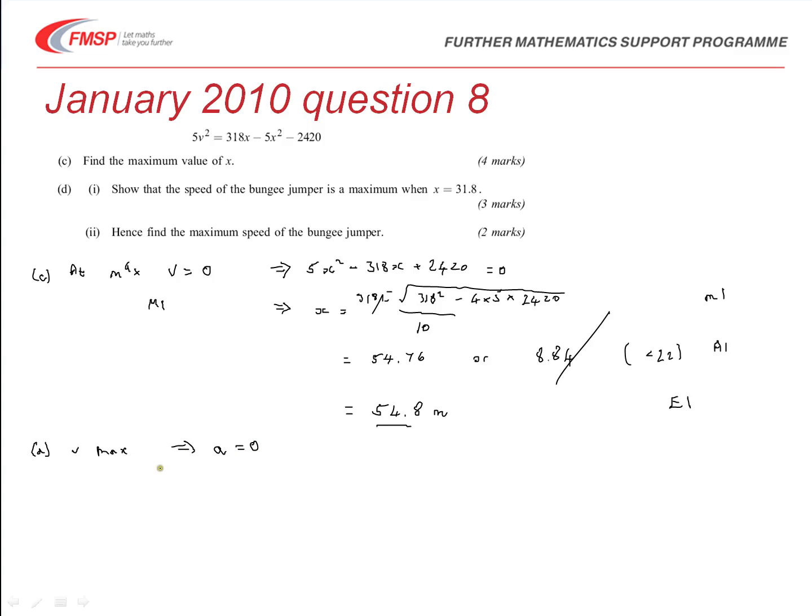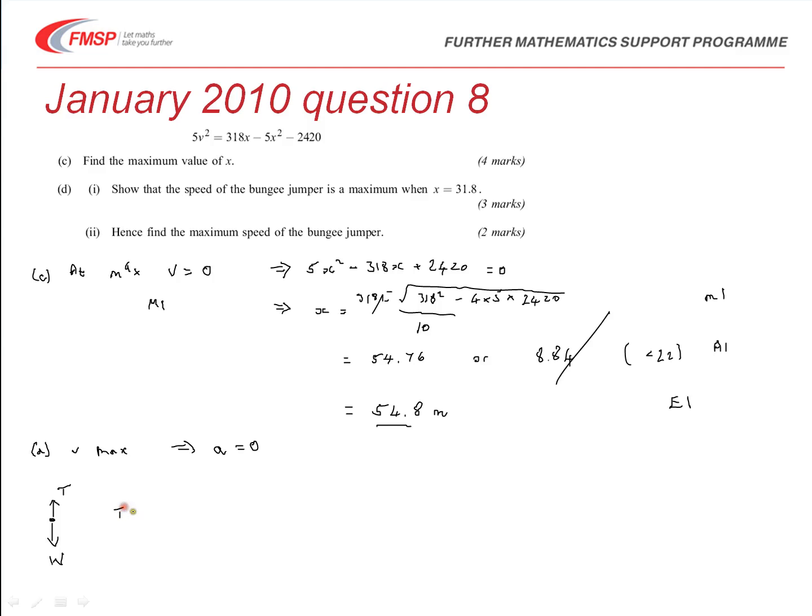Now, the acceleration will be naught when the tension equals the weight, because the key thing is you've got the tension acting upwards and the weight acting downwards, and it's the point at which those are in equilibrium that will give you a equal to naught.